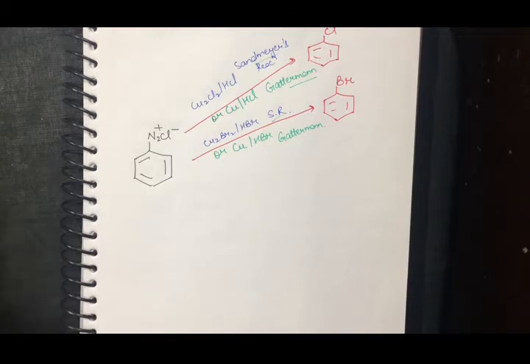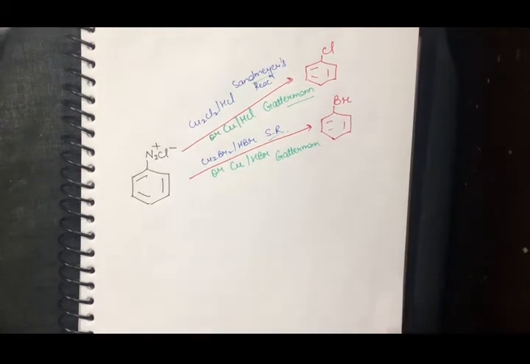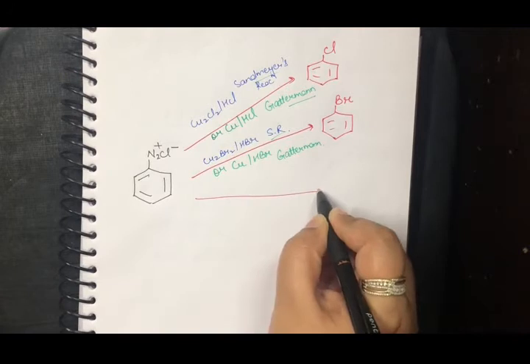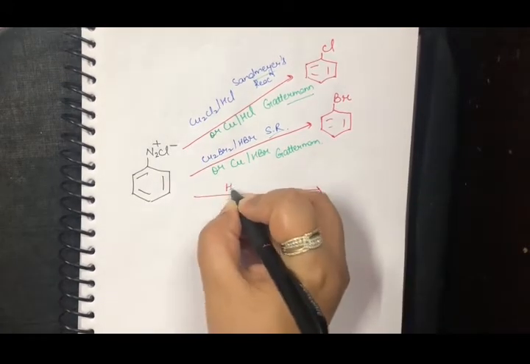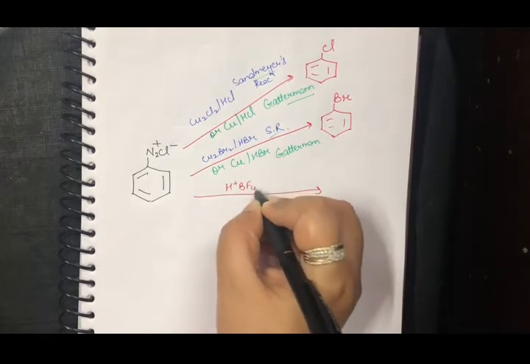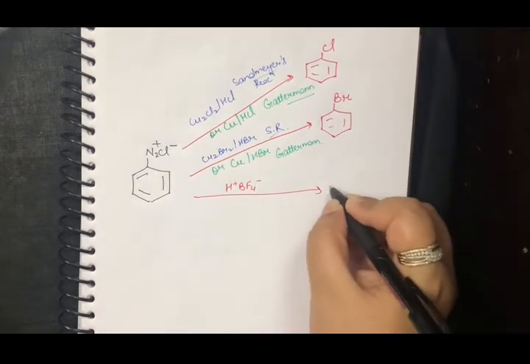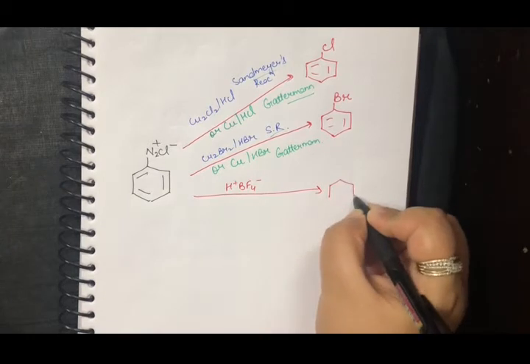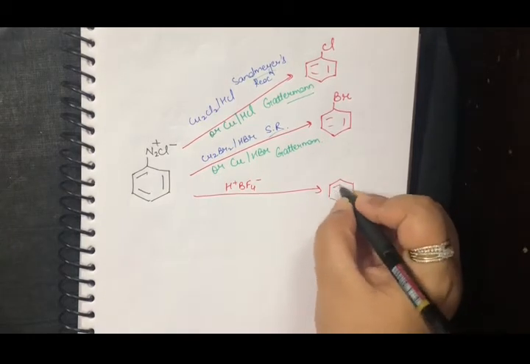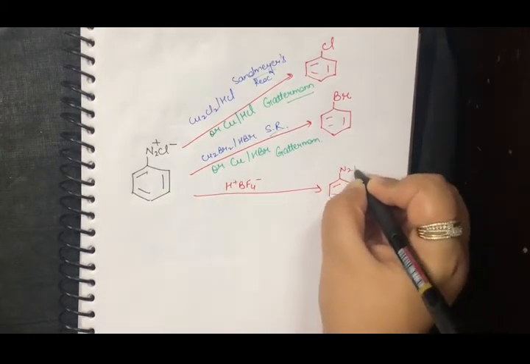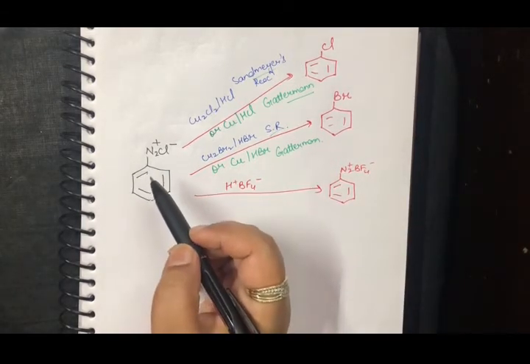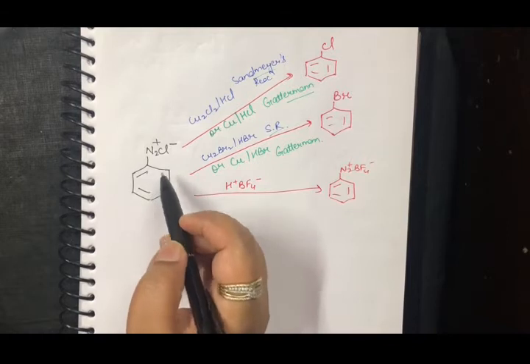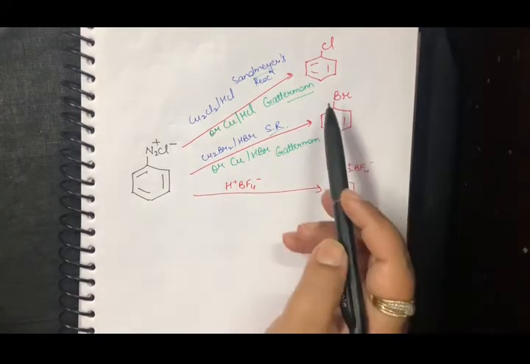Okay. Now, I hope you have noted these two reactions. After these two, let's add H plus BF4 minus. Now, what is this compound going to give you? This compound is going to give you a compound like N2BF4 minus. Again, see, majority of the times when this reaction is happening, what is going to be the other product?